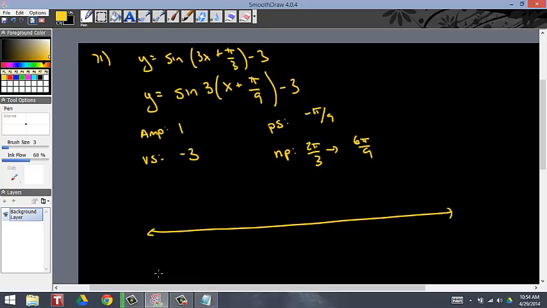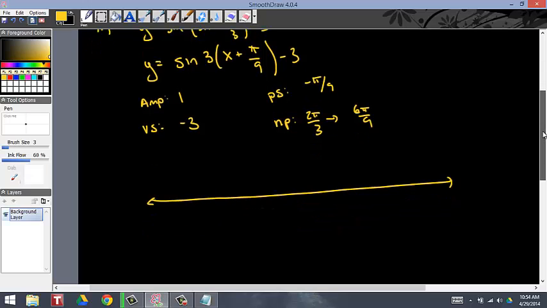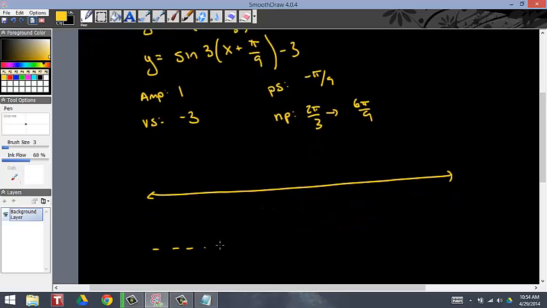From here we draw our line. We are shifted down 3 units. Remember, I want to see the shift. This is -3. The amplitude is 1, so it goes as high as -2 and as low as -4.